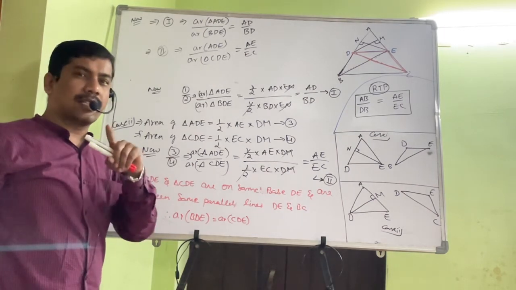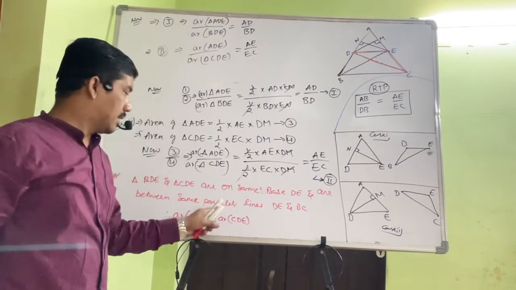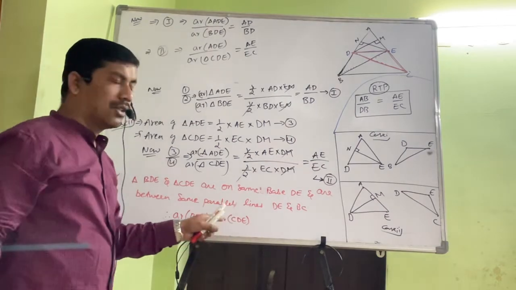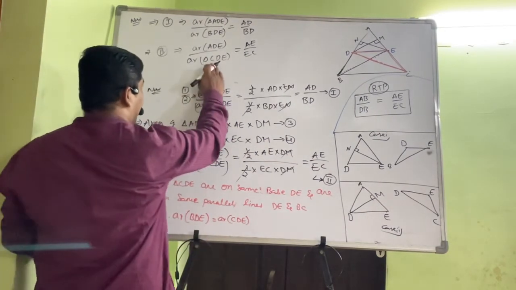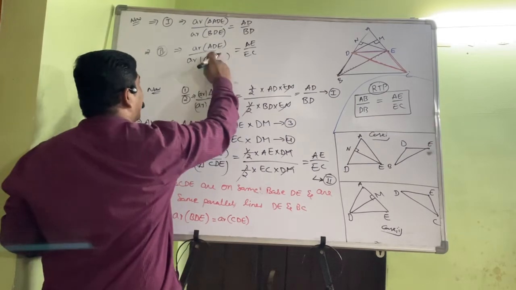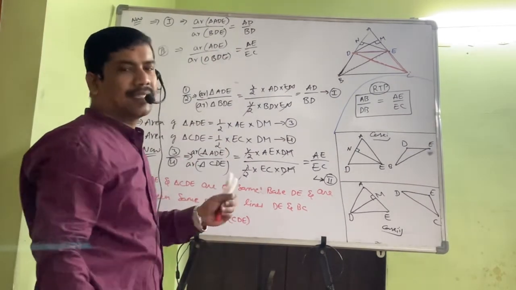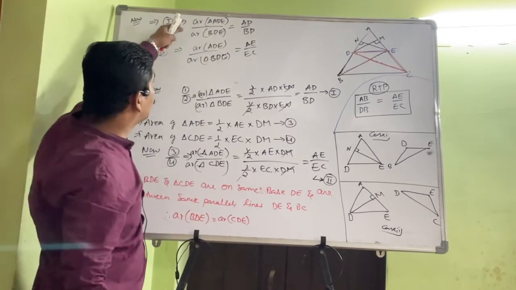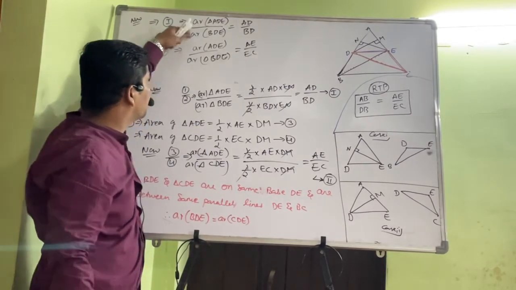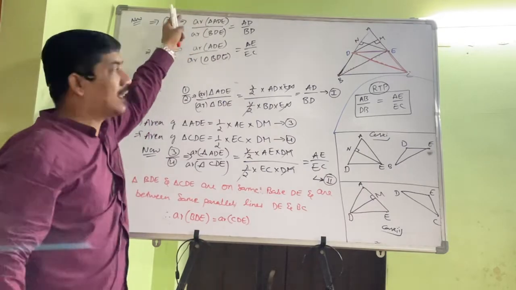But what I said just now, here both areas are equal. So in this area, instead of CDE, I can write BDE also. No? Just now we said CDE and BDE areas are equal. Now look at both equations' left side. Both are the same now.